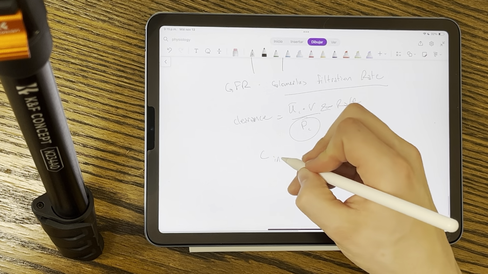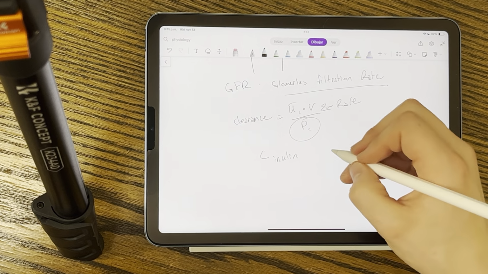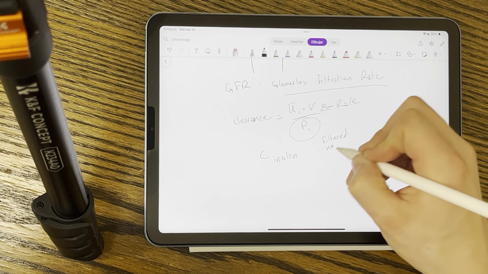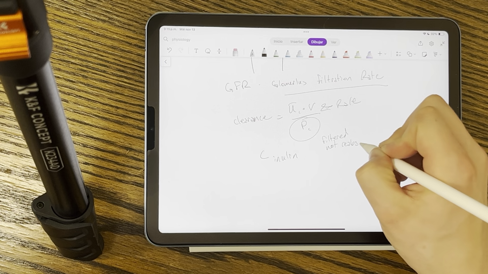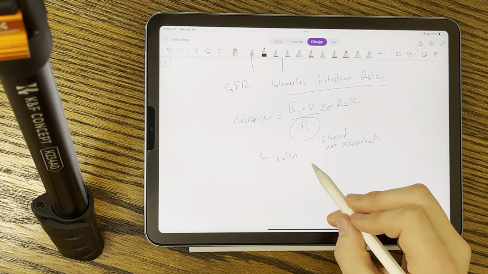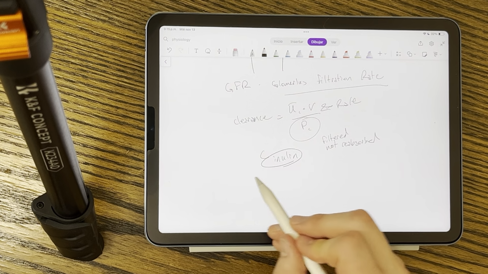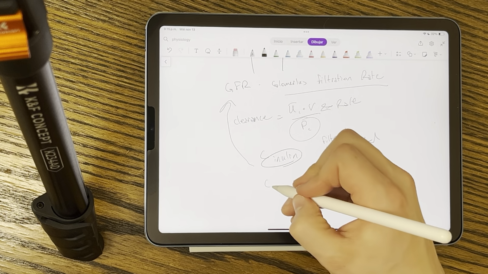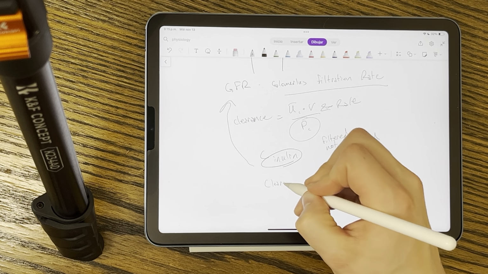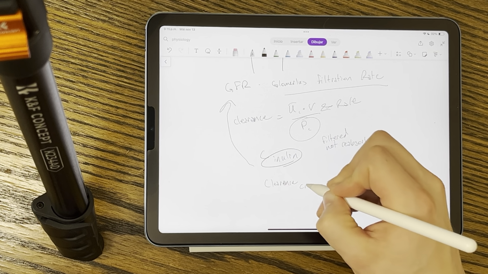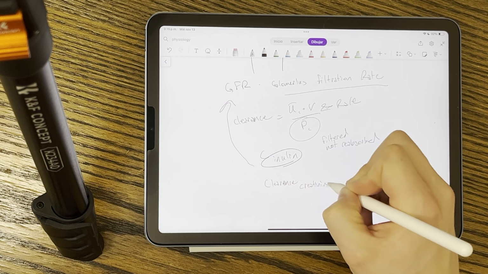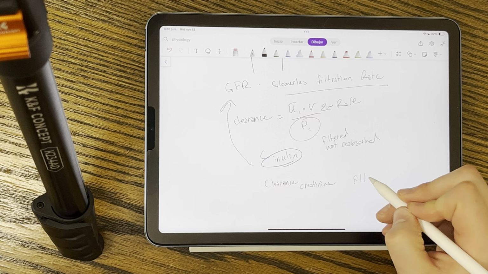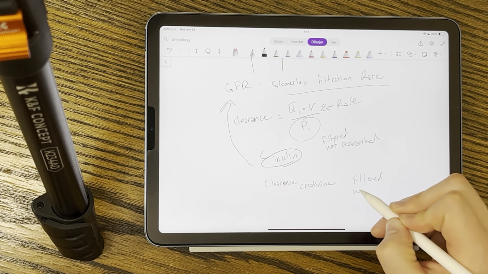It's not insulin, inulin. It's a substance that's filtered, not reabsorbed. So we can test how fast this goes in and out of a system, and then we can compare it to the GFR. Sometimes we'll use the clearance of creatinine. And this is also filtered and not reabsorbed.